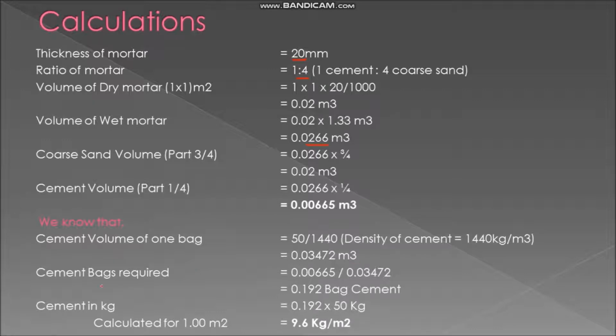Now we will divide the required volume, 0.00665, by 0.03472. This will give us the number of bags of cement, that is 0.192 bags. Now we will convert it to kg, multiply by 50, that will give us 9.6 kg per square meter. That is for 1 square meter of tiling, 9.6 kg of cement is required.